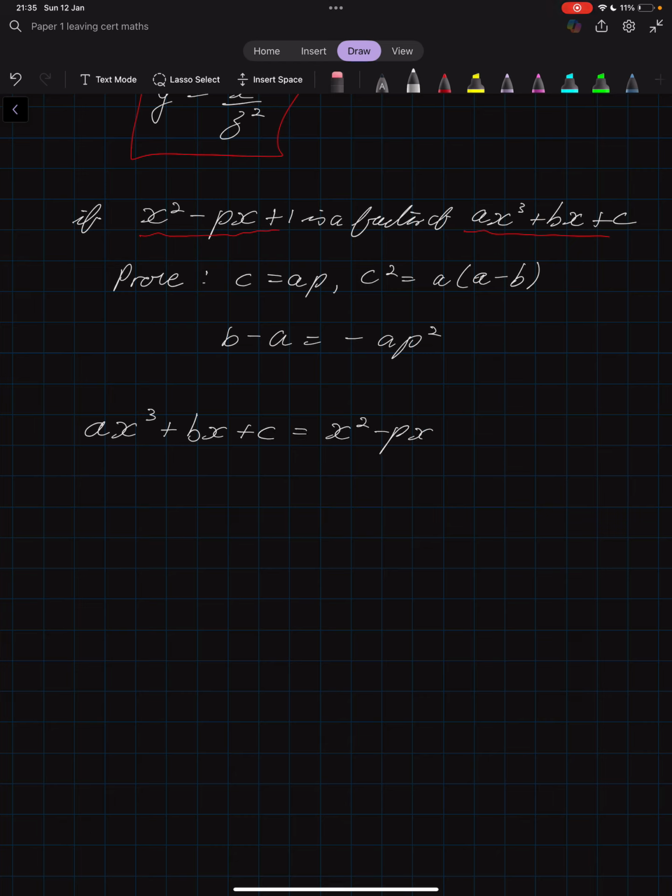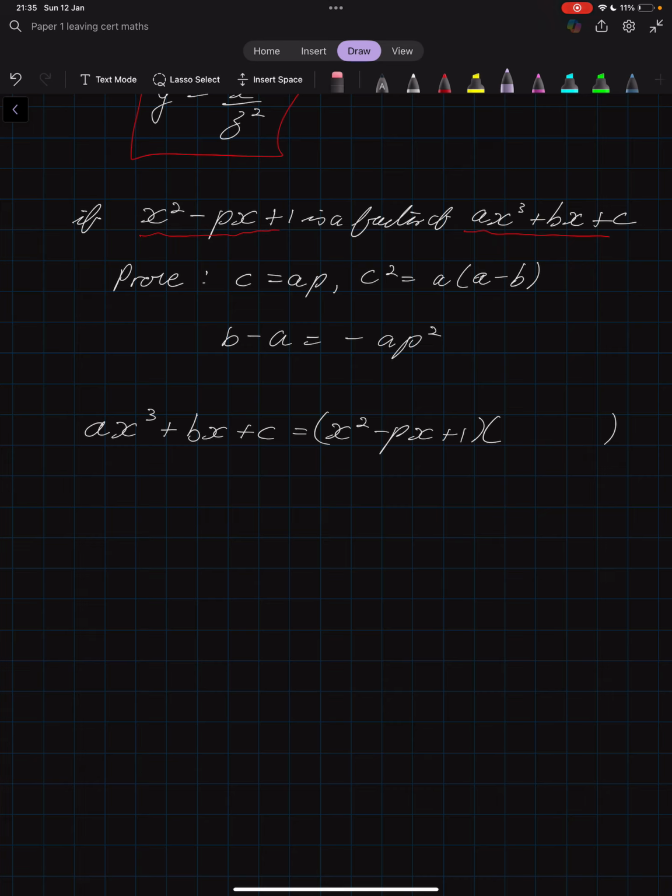So basically, if it's a factor, it means that we can write it like this. Okay? Now, another thing, like adding numbers, this has degree 3.